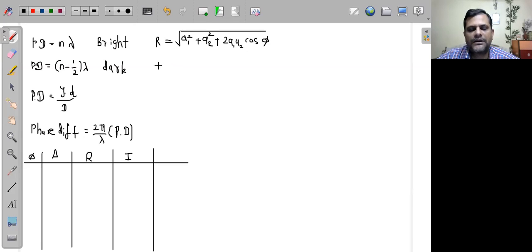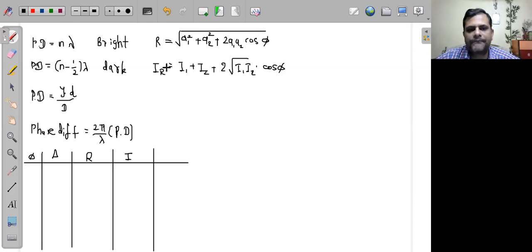And the intensity of the resultant wave, IR we can say, is given by the formula I1 plus I2 plus 2 root I1 I2 again into cos phi. So this is the formula for finding the resultant intensity in case of an interference pattern.